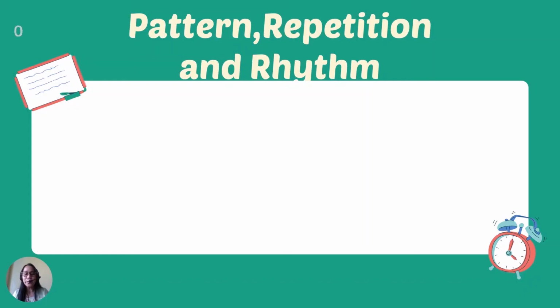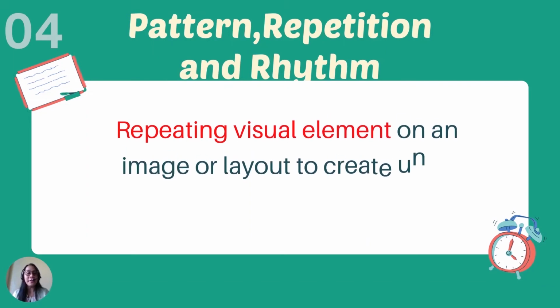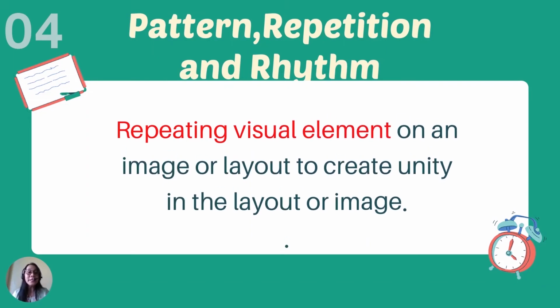Okay, shall we proceed with the fourth one? Pattern, repetition, and rhythm. Repeating visual elements on an image or layout create unity in the layout or image. From the word itself, repetition, there is an object that is being repeatedly imparted in your layout. No?